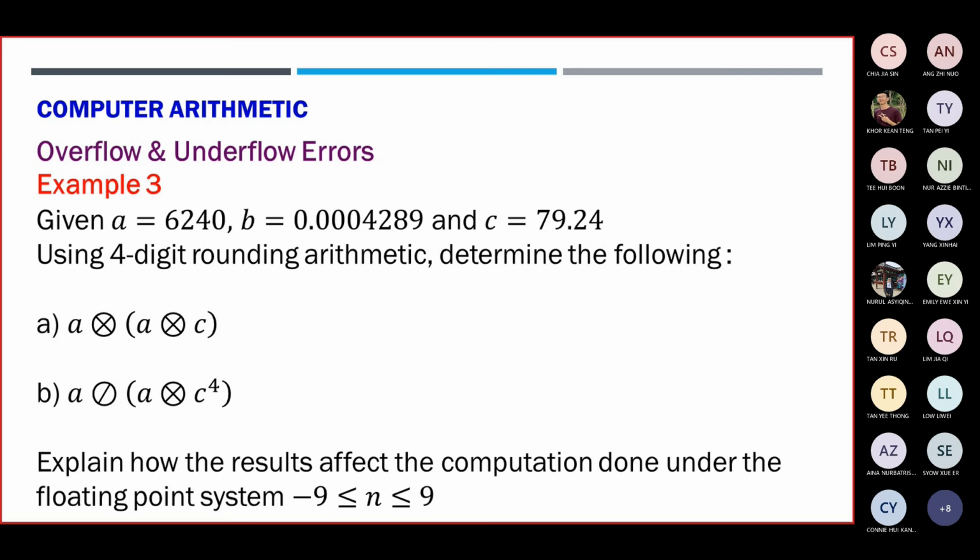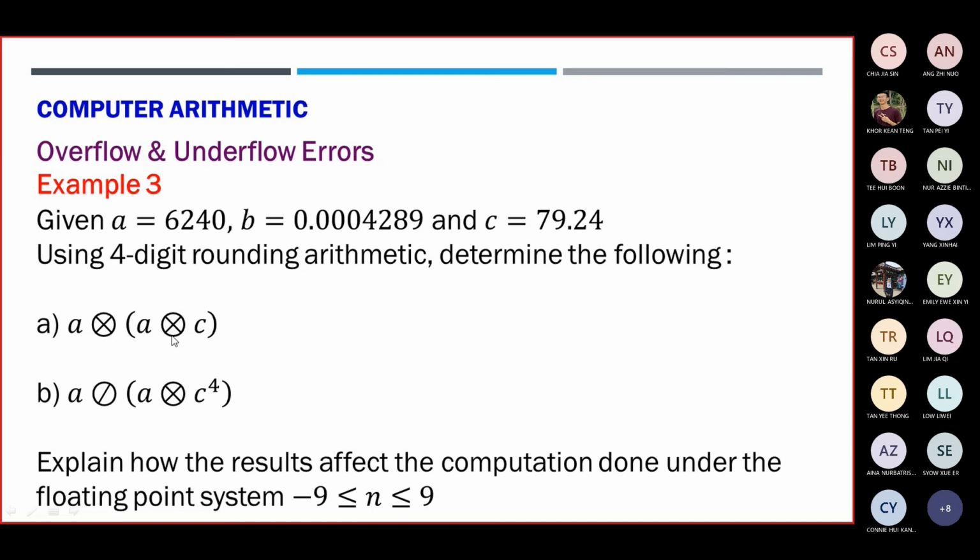Given A is 6240, B is 0.000429 and C is 79.24. They want us to calculate using 4-digit rounding arithmetic and determine the following. First, A multiplied by, in bracket, A multiplied by C, where the symbol here is the operation done by the computer or machine.